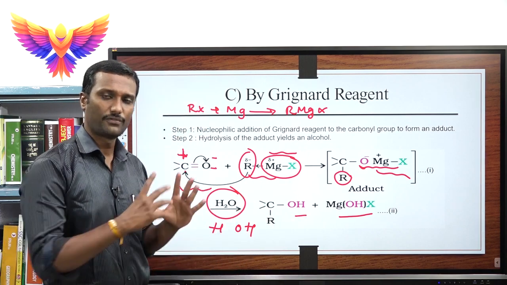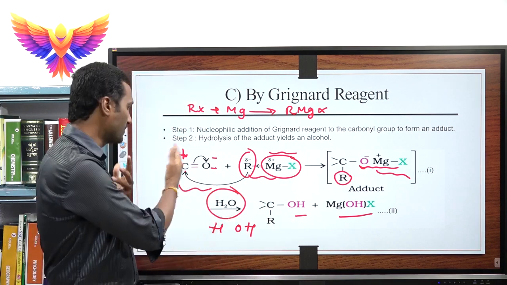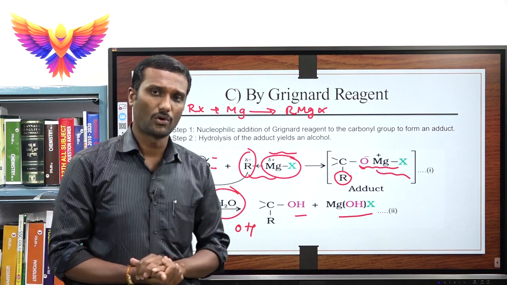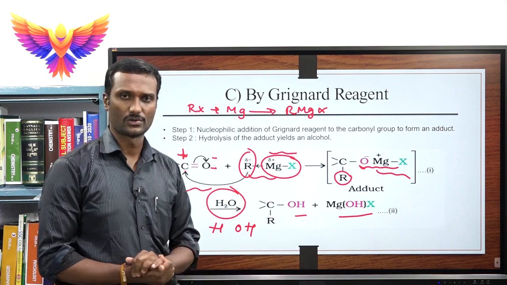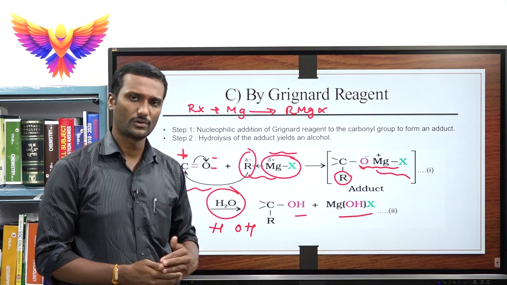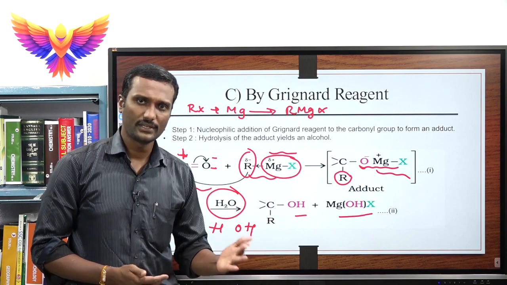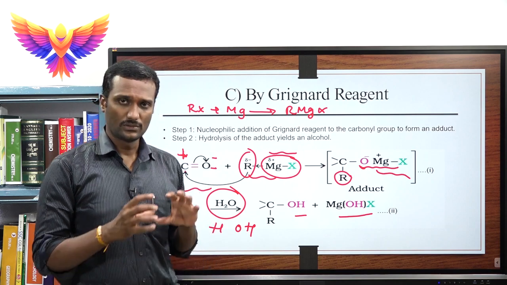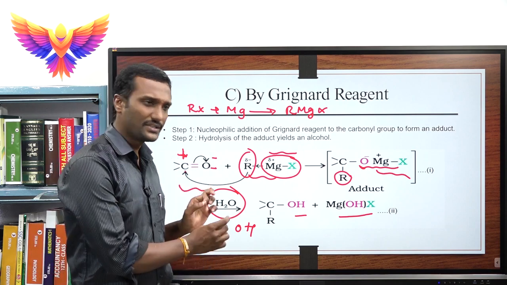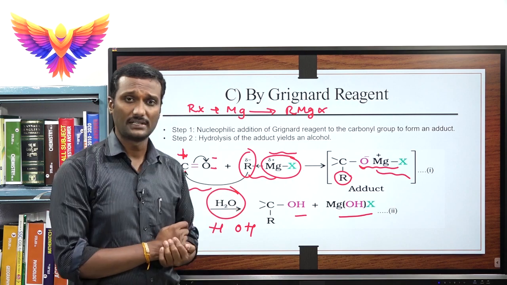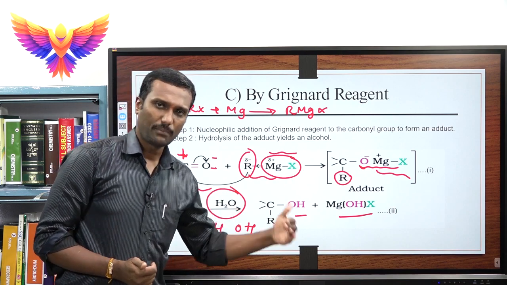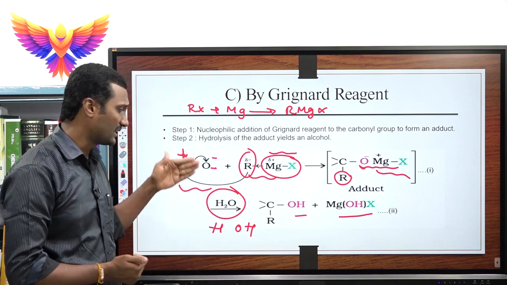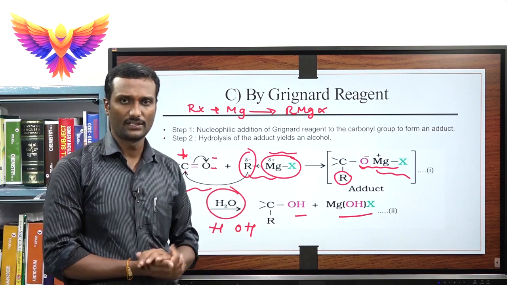So by using this Grignard reagent with different types of carbonyl group, we can prepare different types of alcohol, meaning 1 degree, 2 degree and 3 degree. This is the mechanism. If you understand how this mechanism takes place, you can definitely write the different types of alcohol that can be prepared by using different types of aldehyde and ketone.